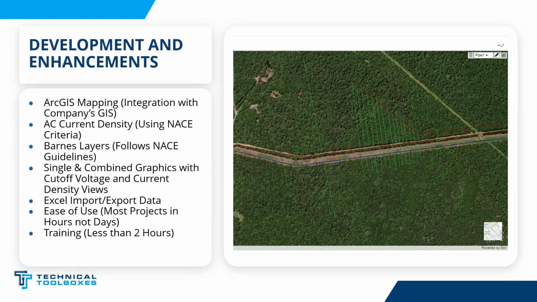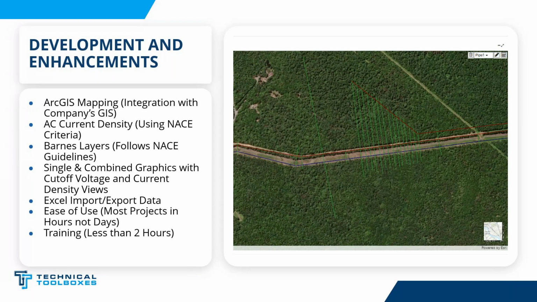And again, right now there's multiple types of criterion out there. We follow the NACE guidelines using the Barnes layers, the 3 layers. We feel that's the most effective one and universal for this type of work. We're not building substations.